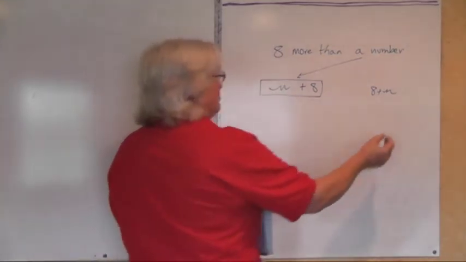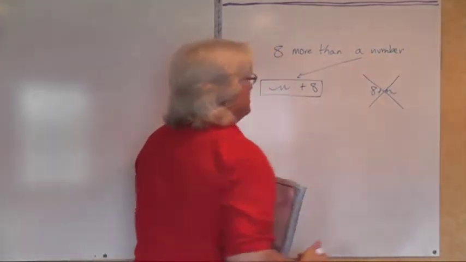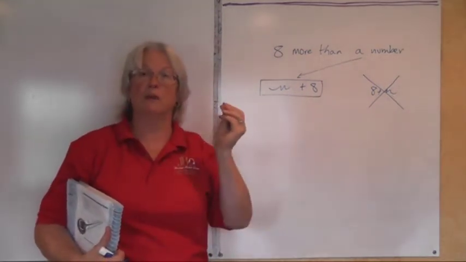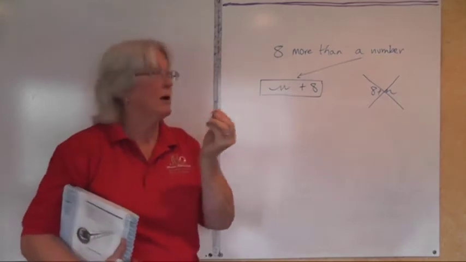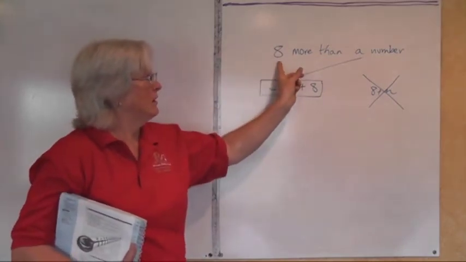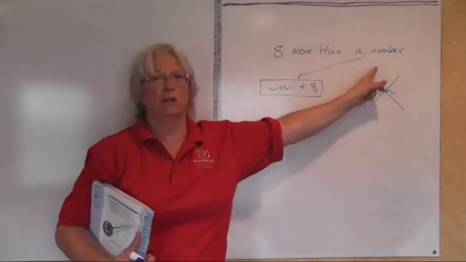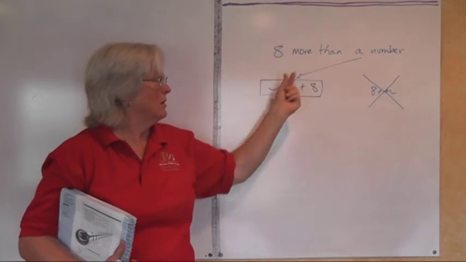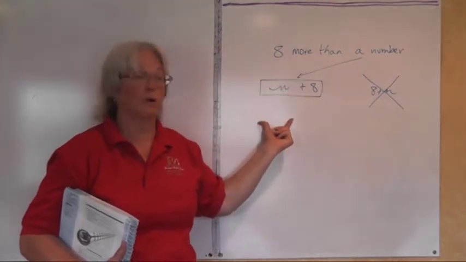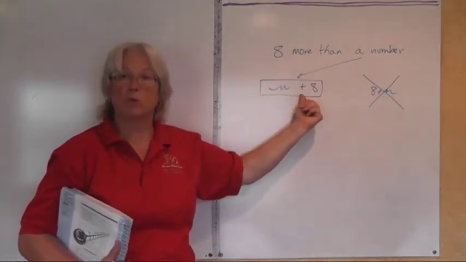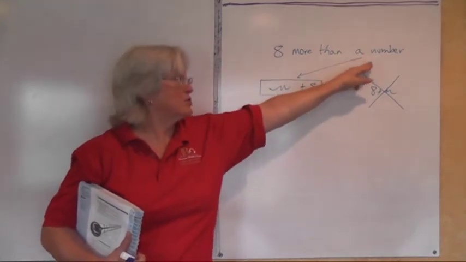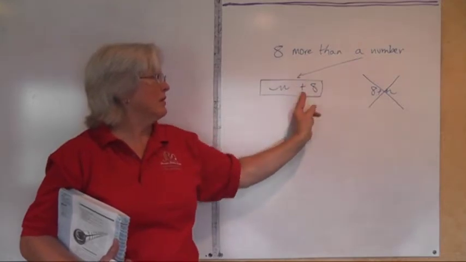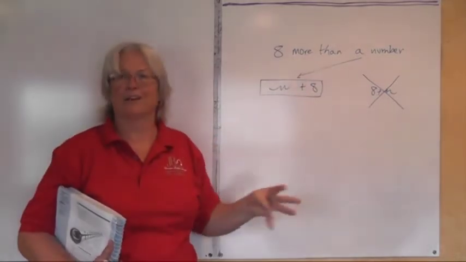But I really, really don't want you to do it this way, even though it means the same thing, because I want you to be ingraining in your mind the idea of doing a very literal translation here. 8 more than a number. Think of what are you starting with first, what operation is being performed on it. So what we're starting with first here is a number, and our result is going to be 8 more than that number.